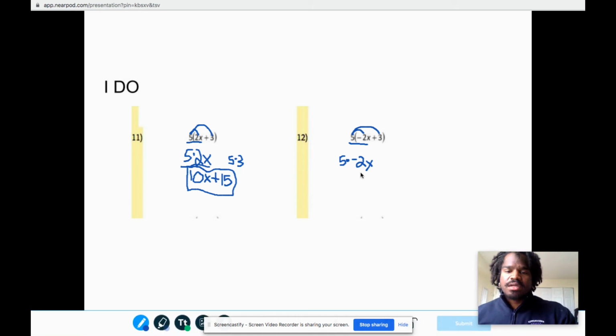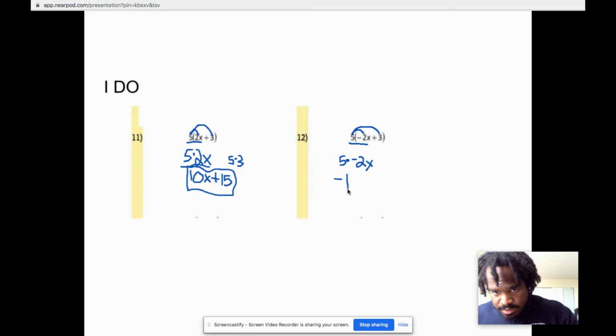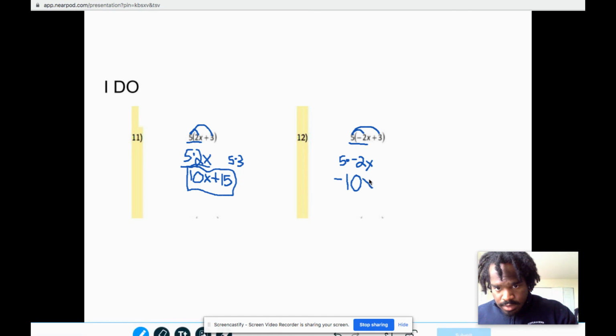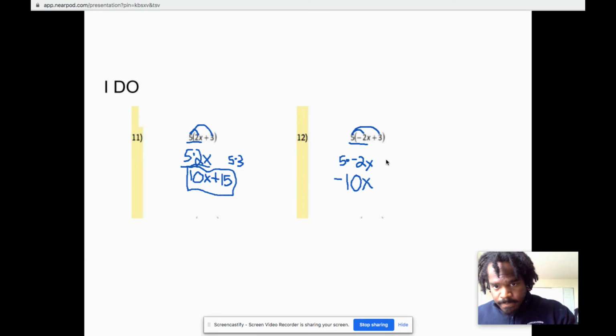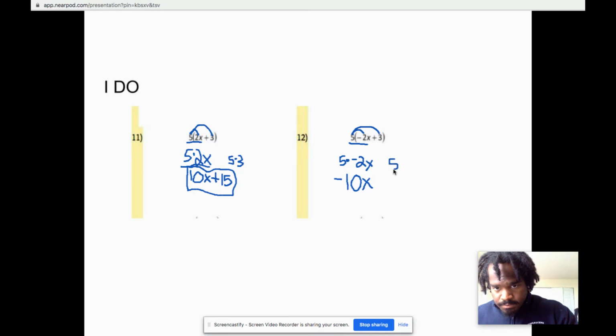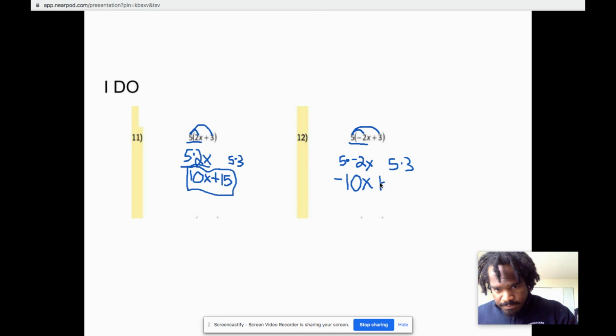But 5 times negative 2x is going to give us a negative 10x. Okay? And now we have positive 5 times positive 3. That's going to give us a positive 15.